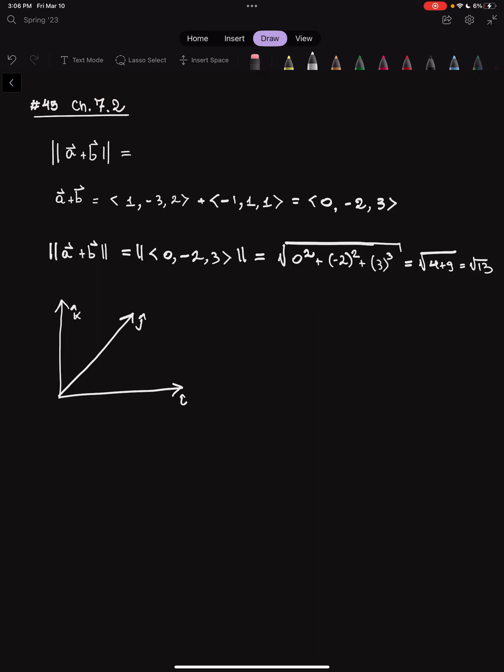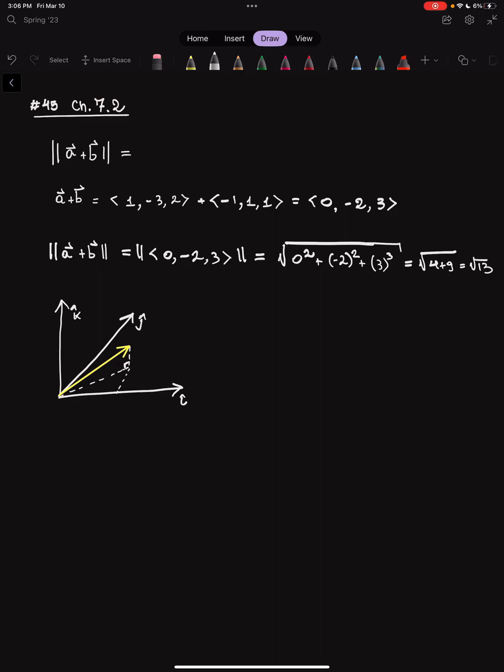And let's say we have this vector over here. So I'll use the tool to be kind of neater. Let's say we have that vector, and the projection of this vector onto the i hat, j hat plane is this one over here.